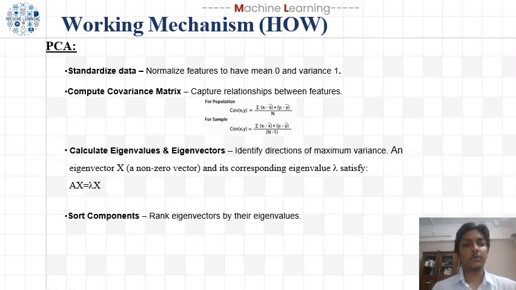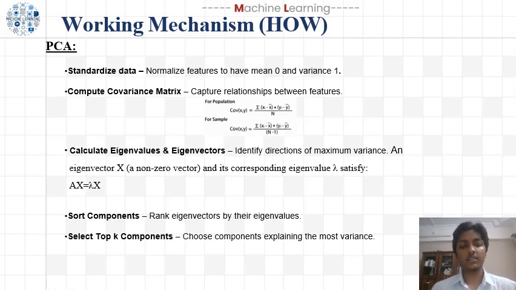Now, after finding these eigenvectors, we sort them by their respective eigenvalues and select the top k components. We select the top k components because only the components with higher eigenvalues capture the most variance between data points.